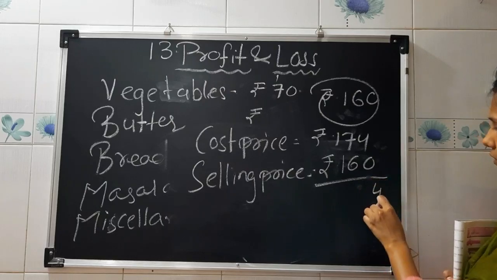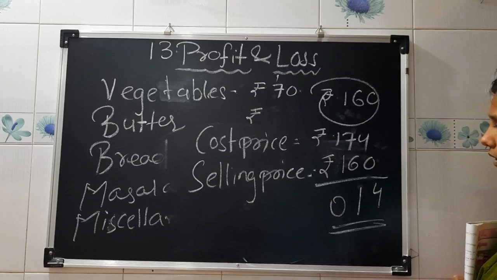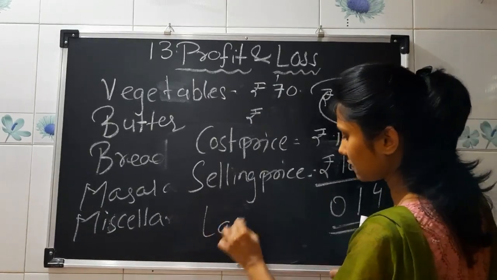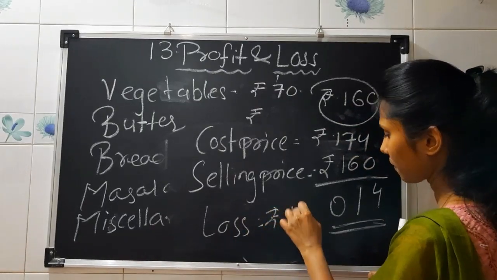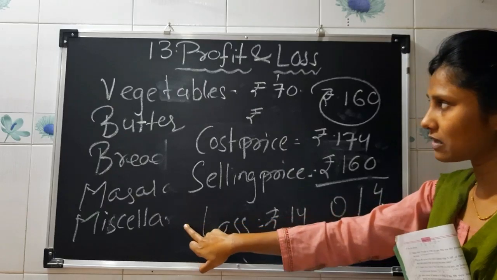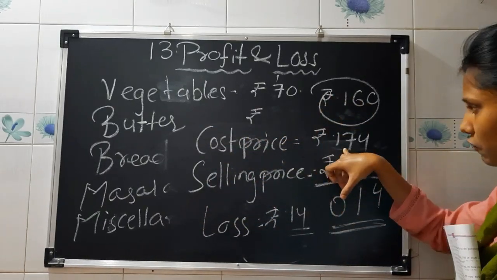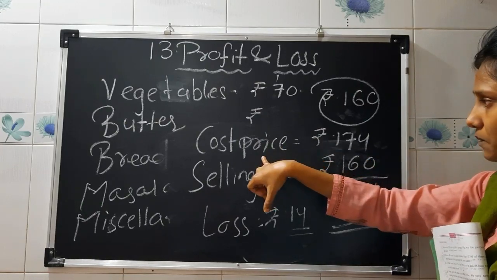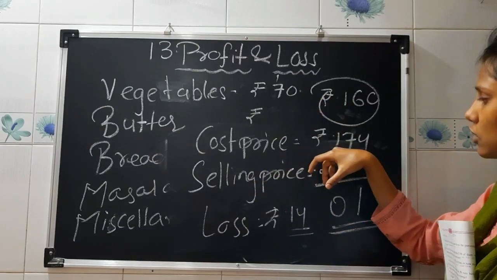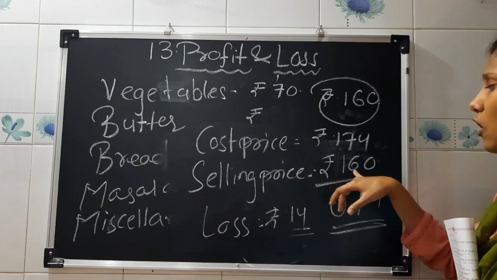He suffered a loss of rupees 14. He first purchased all these items for rupees 174, which is the cost price. The price at which we purchase something is called the cost price, and the price at which we sell something is called the selling price.